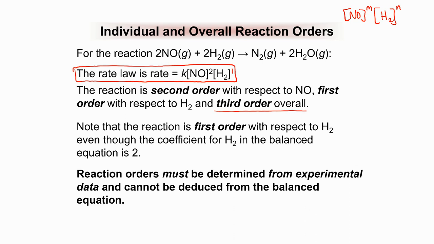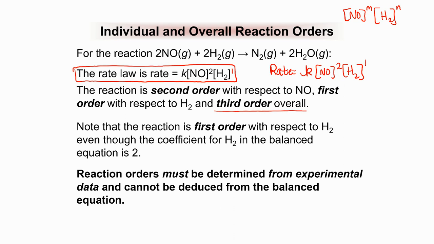Okay, we cannot look at a balanced equation and determine those numbers. We have to have data, and we're going to talk about the 2 major ways that we figure out what the orders are. Before we do that, I just want you to think about one other important thing here: how the overall order affects the overall rate, the changes in the rate.